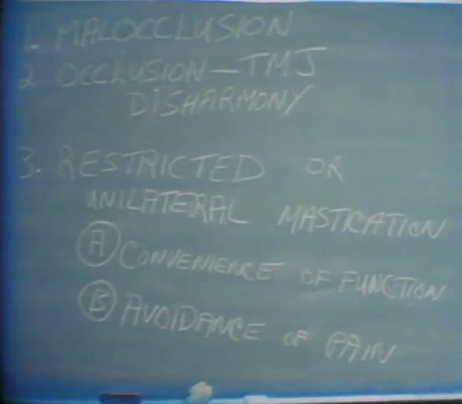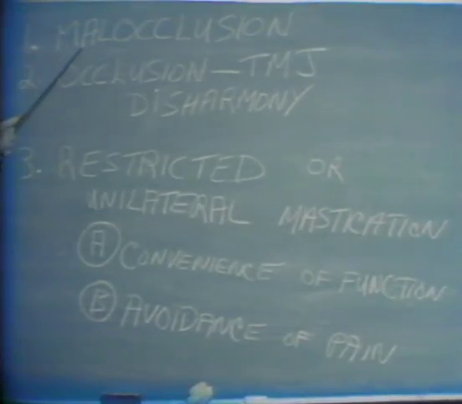Among the various predisposing factors to traumatic occlusion, the 12 which we briefly listed are as follows in more detail. Number 1 is a gross, recognizable morphologic malocclusion, a type of malocclusion for which the patient is sent to an orthodontist for complete orthodontic treatment to align the teeth properly.